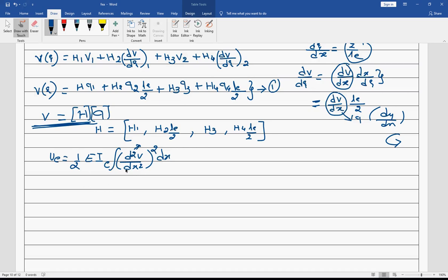To deal with that, how do we go about it? d2v by dx square is nothing but, let's find out what dv by dx is first of all. dv by dx is equal to dv by d xi, because v is differentiable by xi, times d xi by dx.